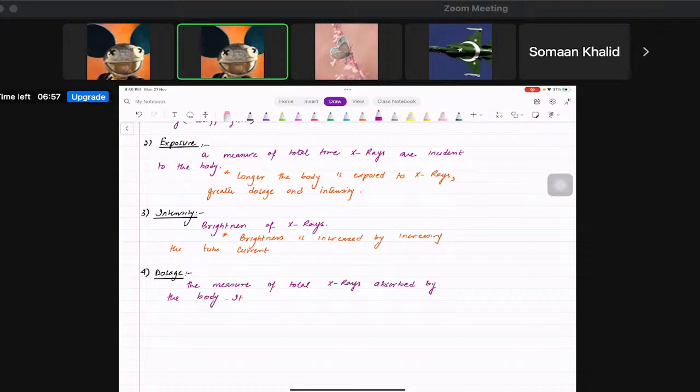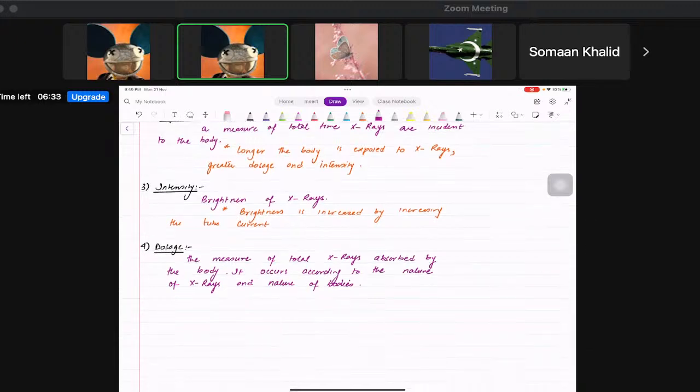It occurs according to the nature of X-rays and nature of bodies. Nature of body means what kind of body part it is, like a bone or tissue or fat or whatever.